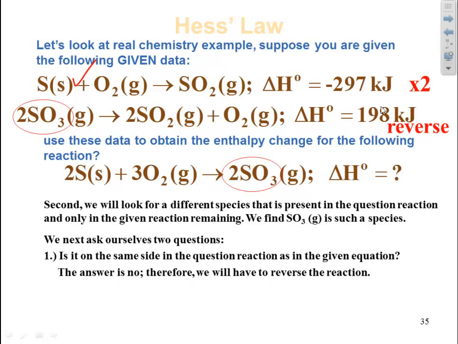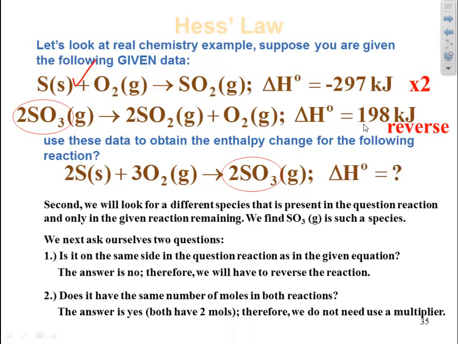And when I flip the reaction, I have to change the sign on my delta H, which means put a negative in front of it, making it, instead of endothermic, an exothermic reaction. Second question, is it the correct number of moles? Well, I want to end up with 2 moles of SO3, and I have 2 moles of SO3, so no, I don't have to multiply it by any factor. So what we have to do is take the first equation and multiply everything by 2, take the second equation and flip it.